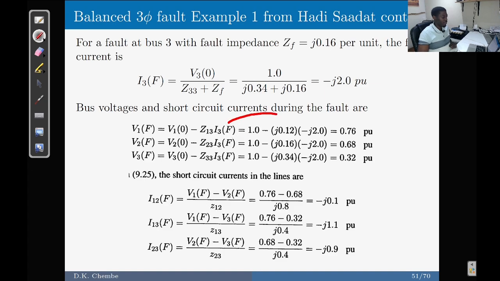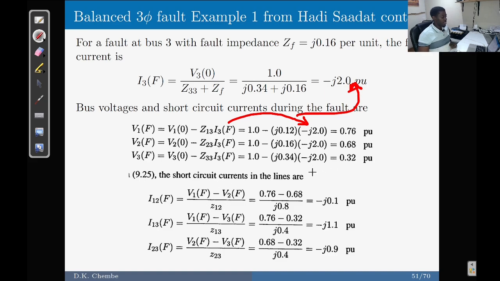Our V10 is 1 per unit, and our Z13 is 0.12, and we get 0.76 per unit. Equally, we can determine V2 and V3 during the fault, V2 being 0.68 per unit and V3 being 0.32 per unit.